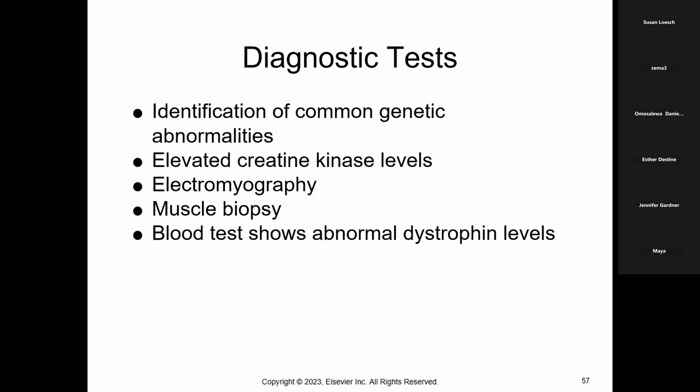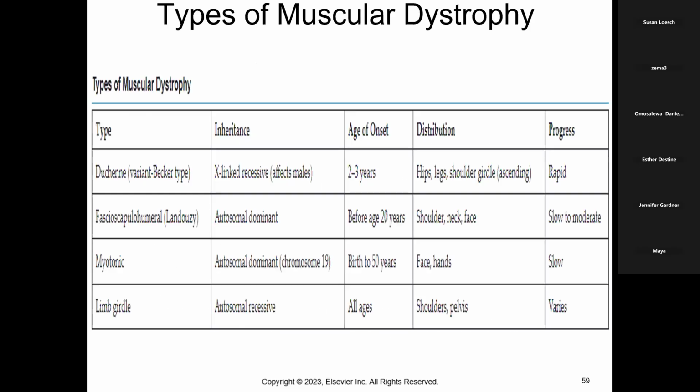They lack that dystrophin. Mom usually carries it. Son usually ends up with it, the defective dystrophin. They list a bunch in your book. Duchenne's is the one they put the most attention on.